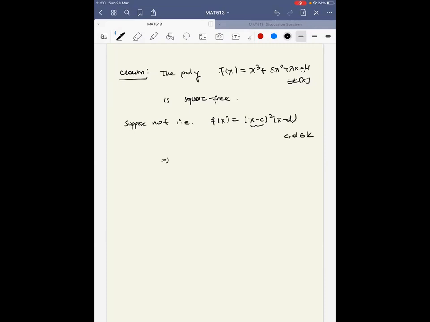Then by the equality y squared equals f of x, we are able to consider a function y over x minus c. Let me denote it by u.